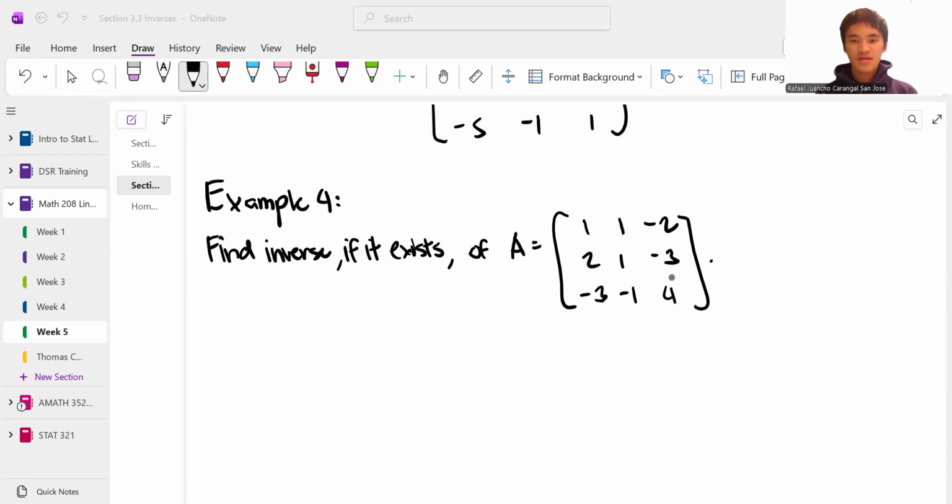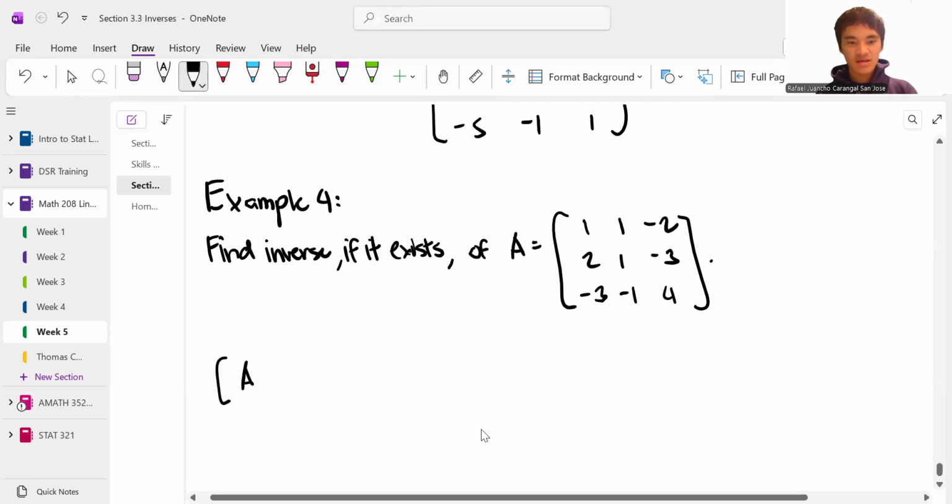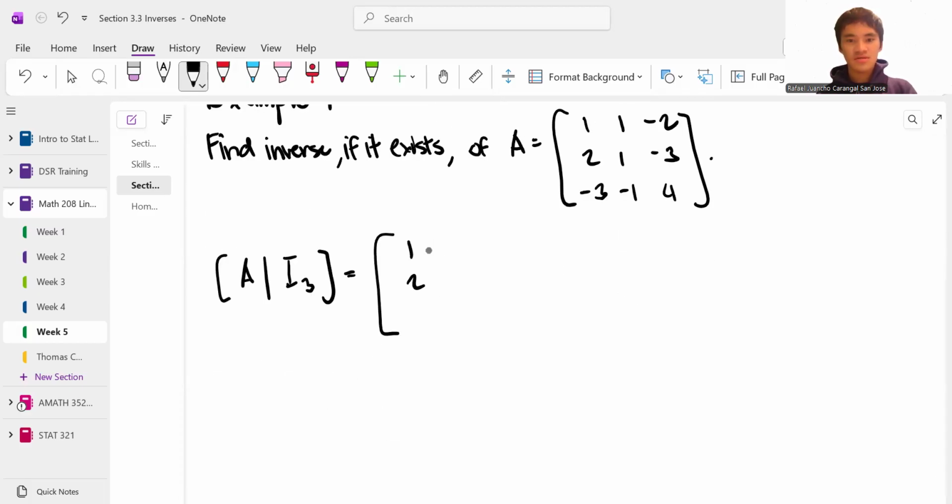So first of all, again, we set up the augmented matrix. So we're going to have this A with an I3. So this is going to be like this.